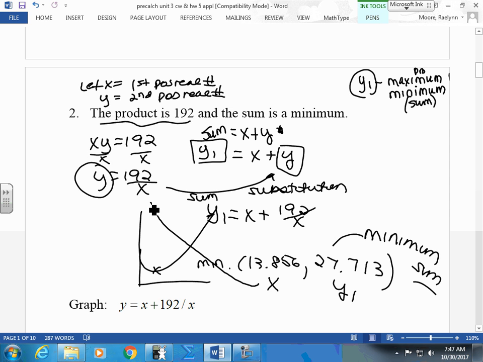So I bring this back up here, and I just substitute it in. I need to find my Y of my let statement. This is my Y1, my sum. So I come back here, and I plug it back into this. Remember, I substituted it back into that Y? Now I'm going to substitute the X back in to find the Y. And my Y comes out to be the same.